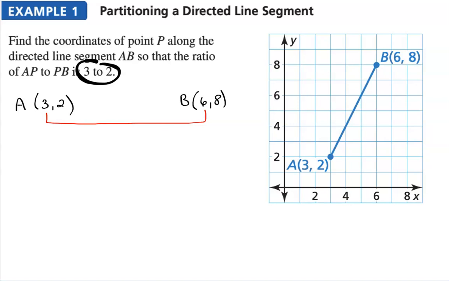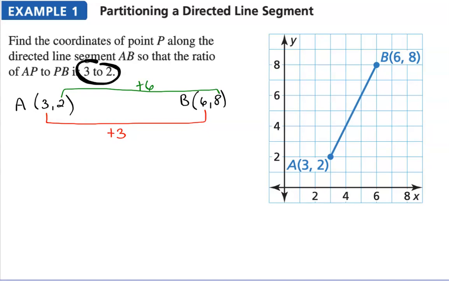To get from 3 to 6, I'm going to add 3 units. That would bring me all the way from A to B. What if I asked you about the y values? Again, I want to get from A to B. How do I get my 2 to 8? I'm going to add 6. That would get me from A to B.